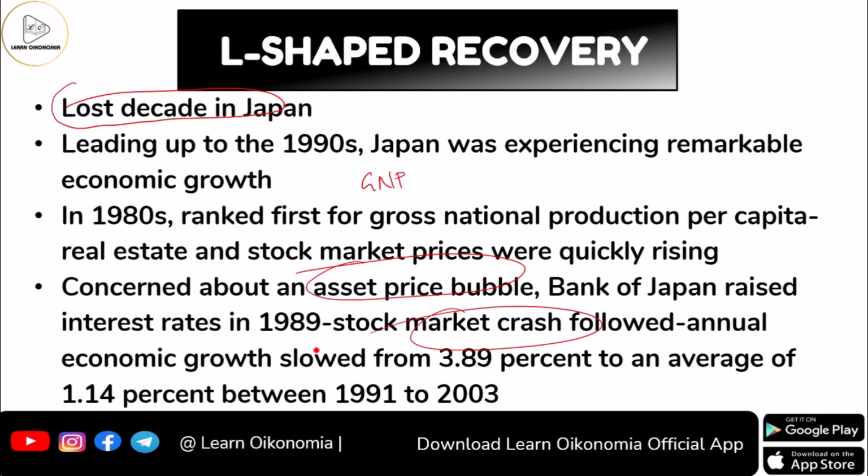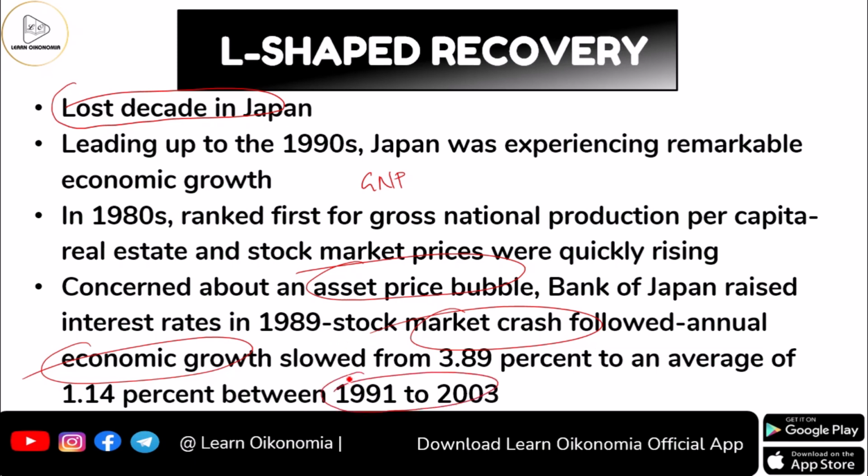As a result of this kind of shock, which had impacted both the capital market as well as the banking sector, the economic growth of Japan slowed down from 3.89% to 1.14%. So that means there was a very sharp dip that happened.